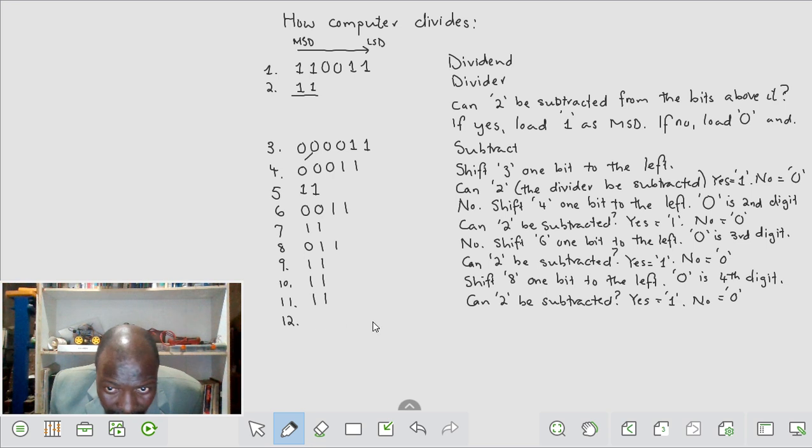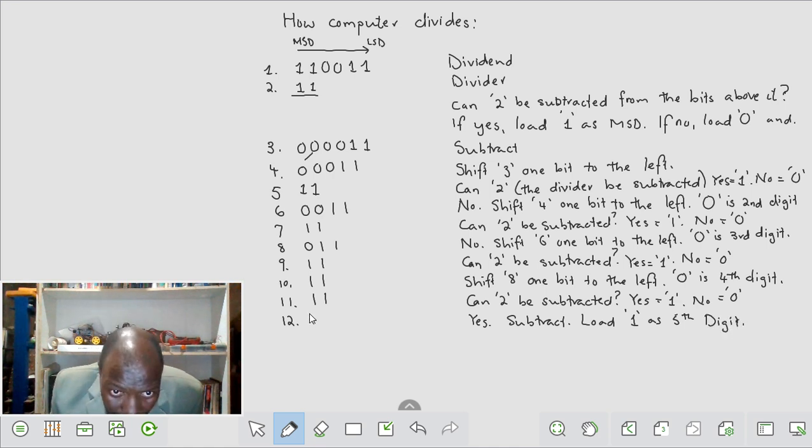So when you subtract, if the answer is yes, we subtract and load 1 as the 5th digit.